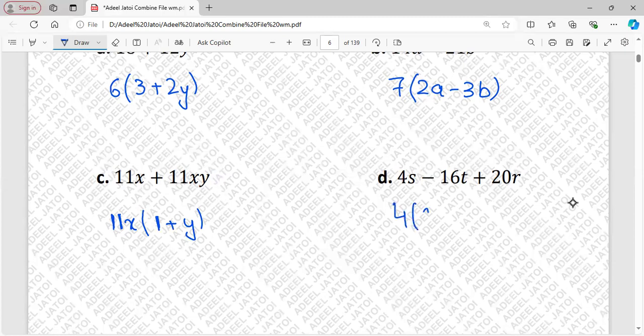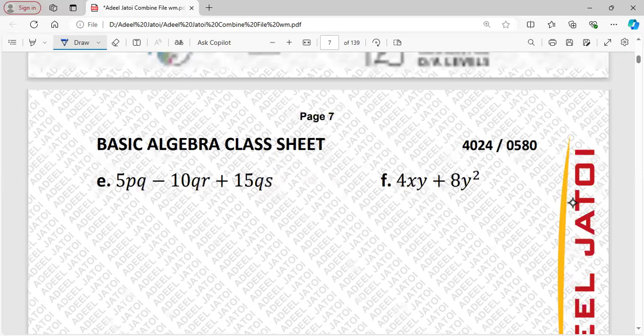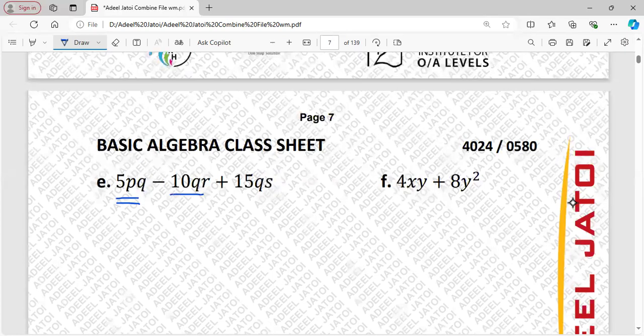So you're left with x minus 4t plus 5r. Part E, you see 5pq, 10qr, 15qs. So 5q is common. You're left with p minus 2r plus 3s.